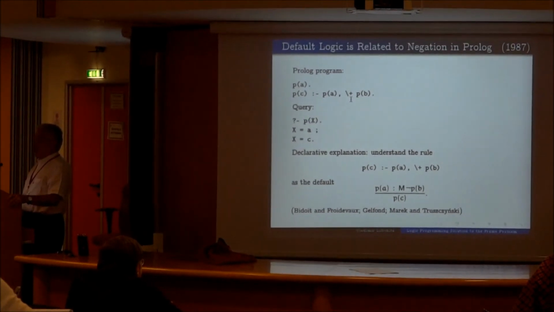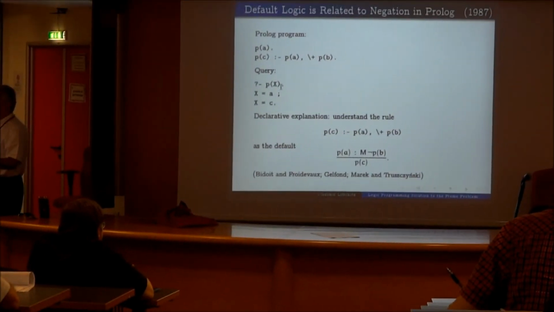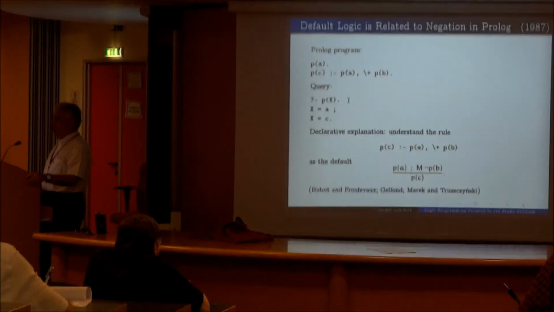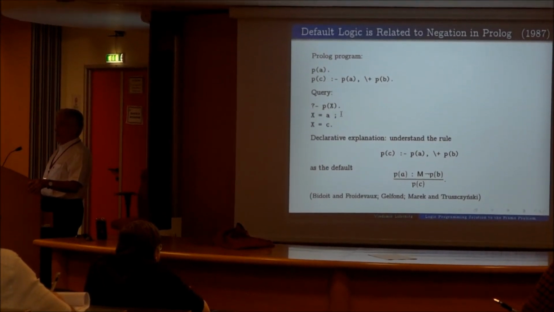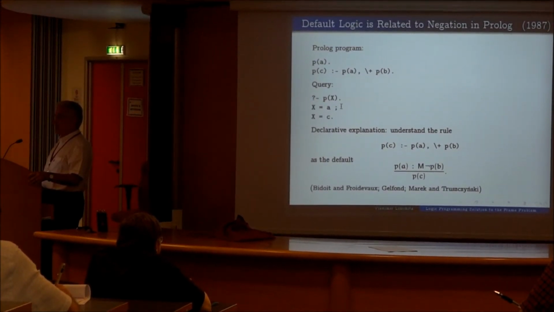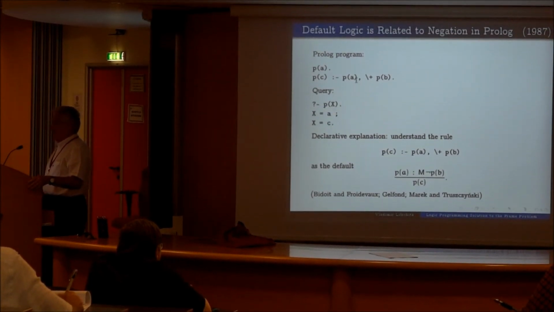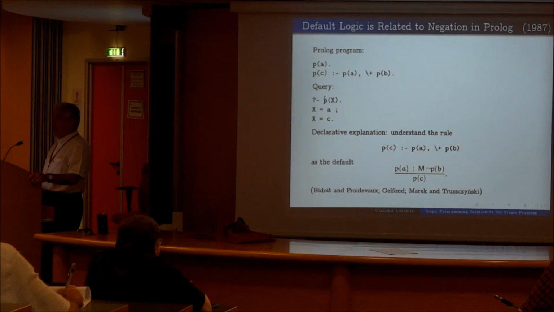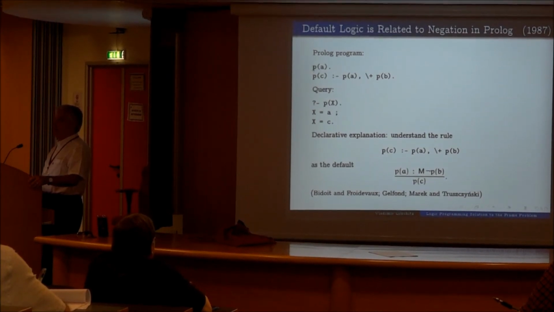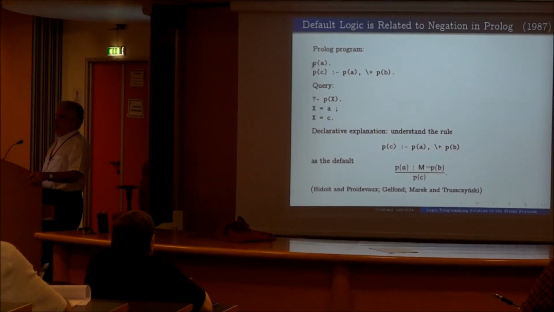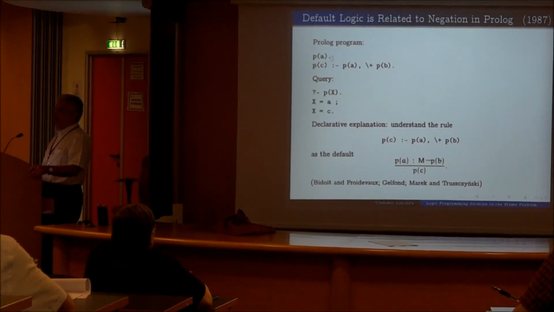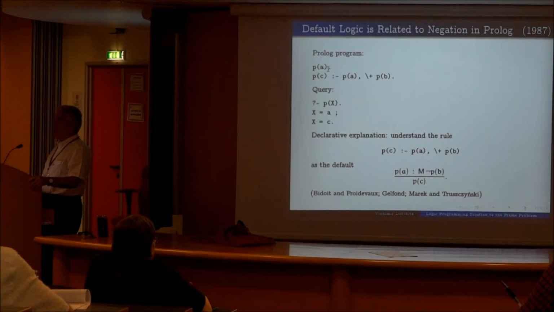So when you run this query P of X, what Prolog will tell you is that there are two possible values of X that satisfy P. The first value is A and the second value is C. And what happens when Prolog works is that, first of all, your Prolog system will notice that we have this fact P of A, so you can take X to be A, and P of X will be true.